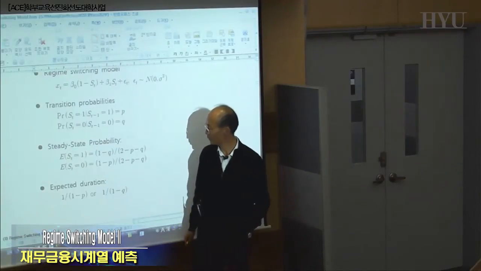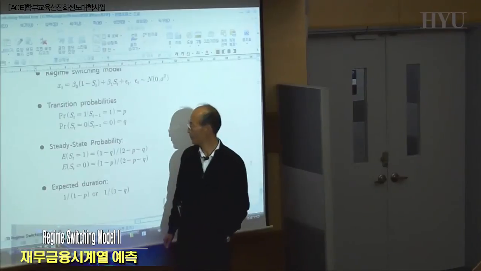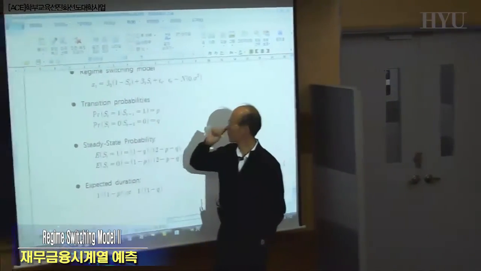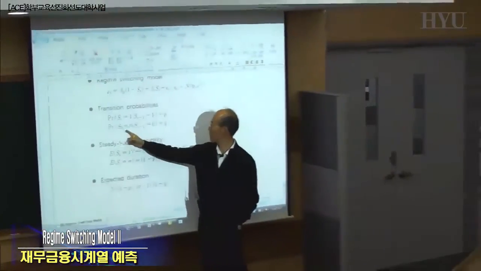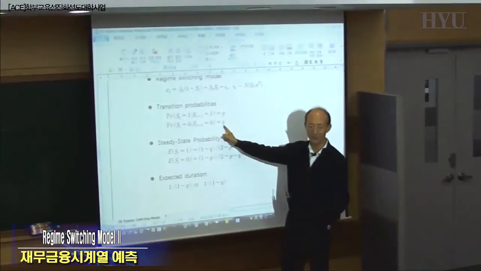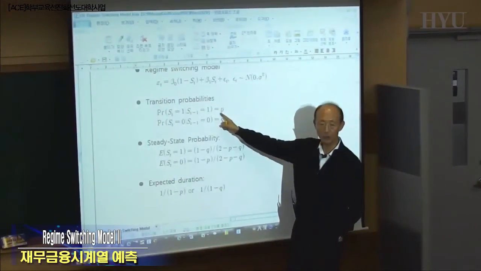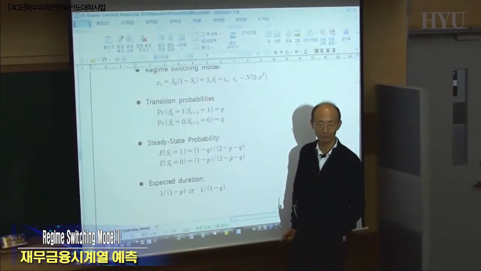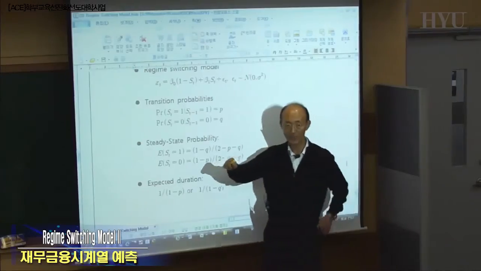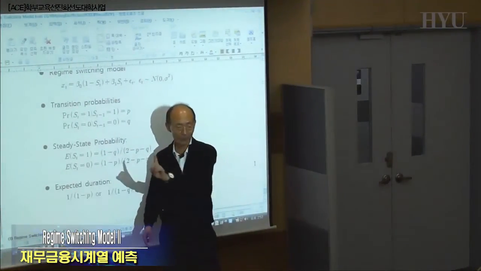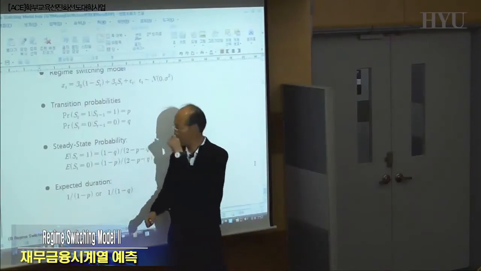And expected duration. Suppose that this probability is 0 and this probability is 1. Then there is only one state, right? State 1, it doesn't switch.